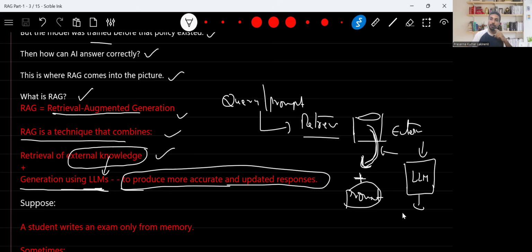But with RAG, it is very easy to provide the external information as per the query asked by the user, and both are combined and given to the LLM. The LLM will process and give you the correct response to the user query.